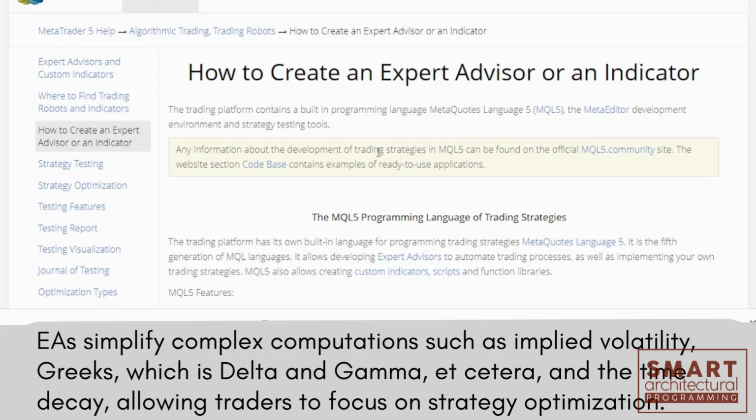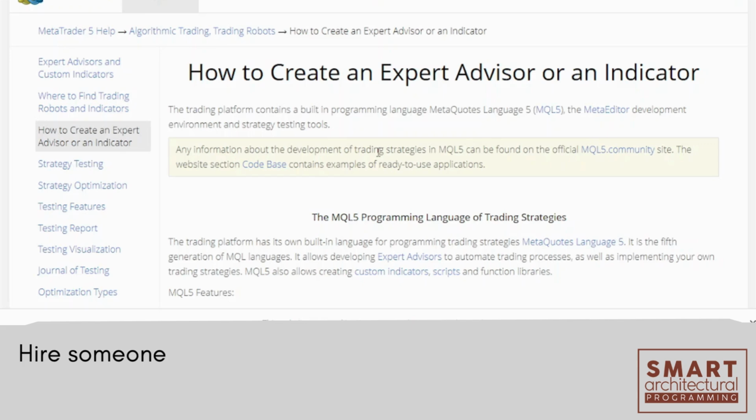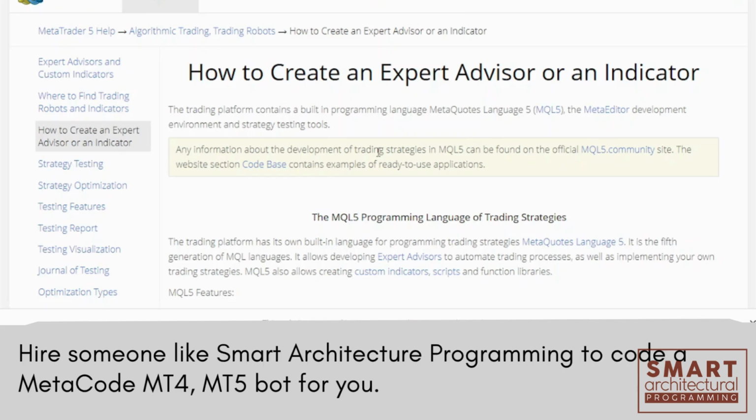Based on this understanding, you need to understand that a lot of you might be really good traders, you might have a lot of good financial knowledge, but coding is a different ballgame. So instead of spending 6 to 8 months learning how to code in C, which is one of the most difficult languages there is, and MQL closely resembles the C language, it is better that you hire someone like Smart Architecture Programming to code an MT4 MT5 bot for you.